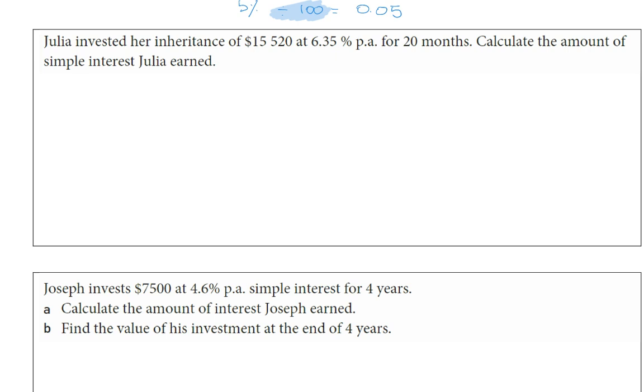So percent to decimal, divide by 100. Now to go from months to years, for example 21 months to years, we divide by 12 because there are 12 months in a year.